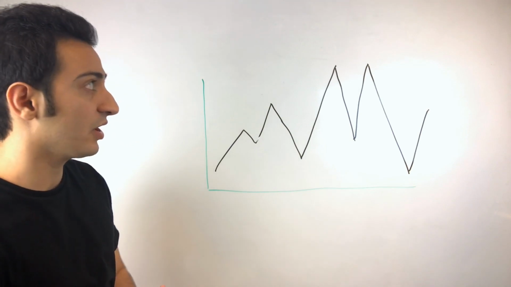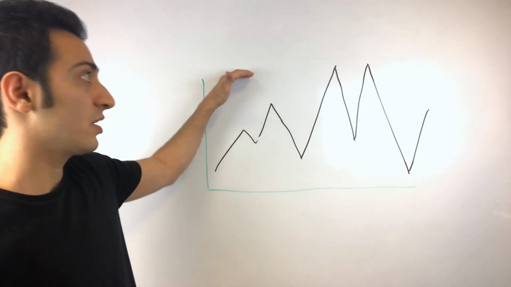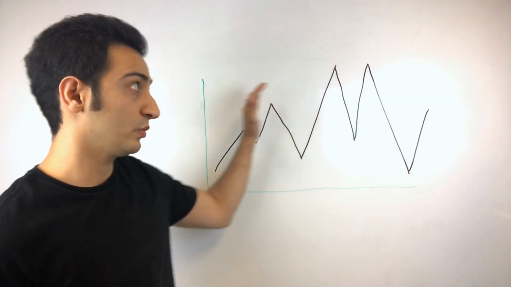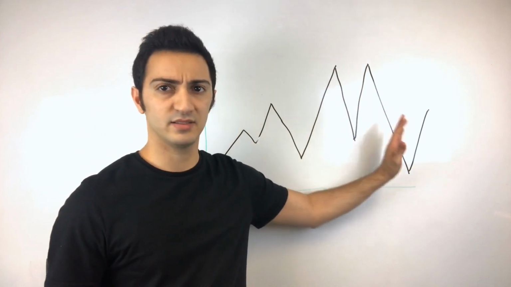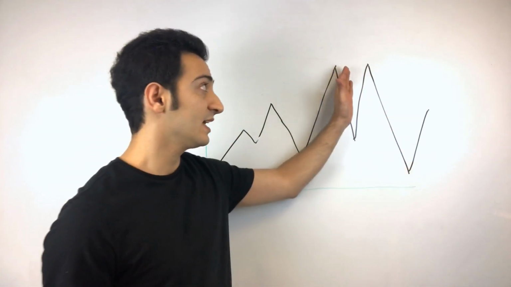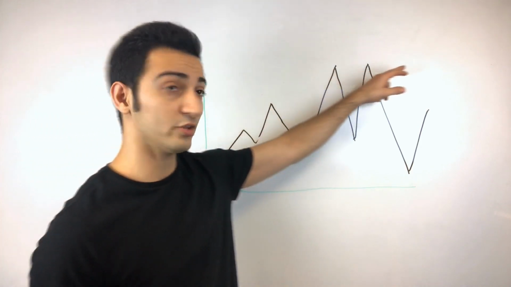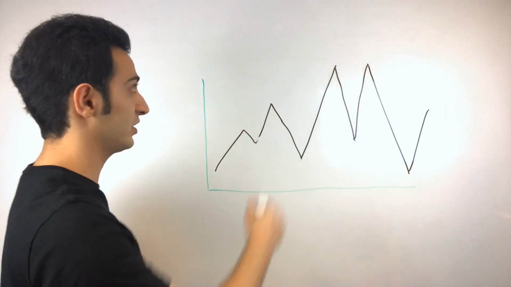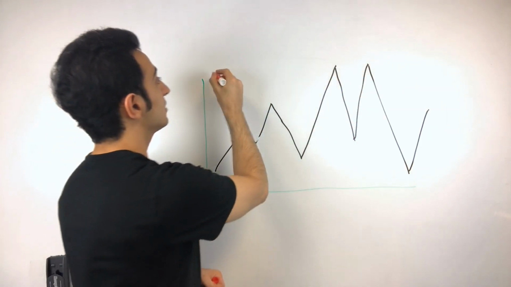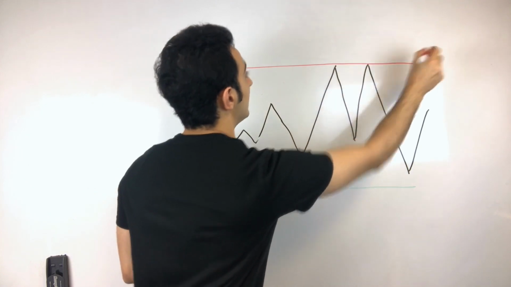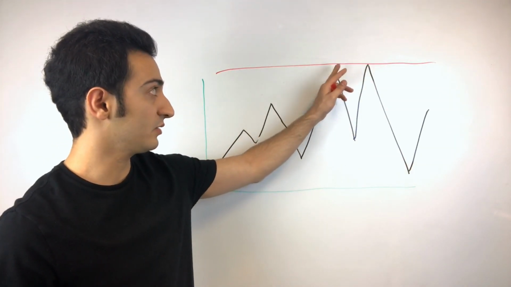A resistance line is a line where, once in a while, the price of the entity you're buying or selling hits, and then it doesn't go above that price. Based on what I just drew here, this can be the resistance line. As you see, we have two peaks here, this one and this one.